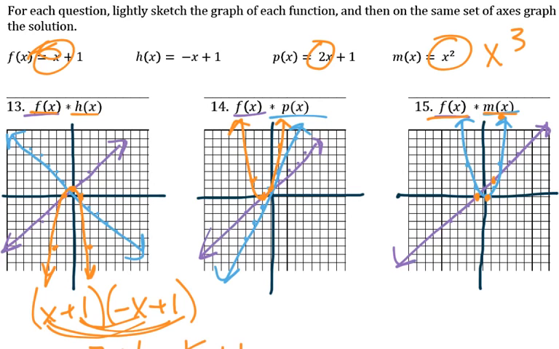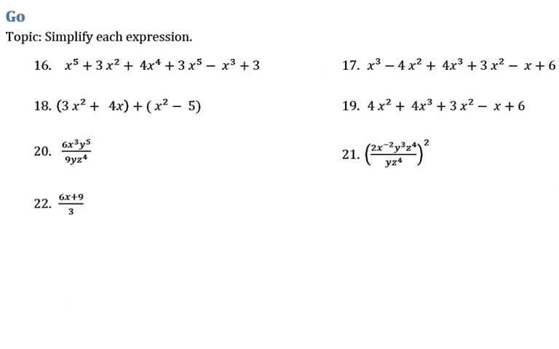Okay, negative 1 times 4 would be negative 4. And then it would look probably something like this. Okay, a cubic shape, that's what I meant to say. Okay, so there's those ones.